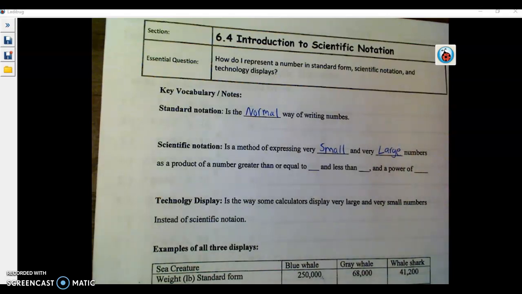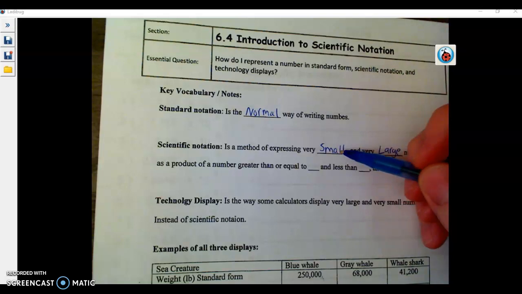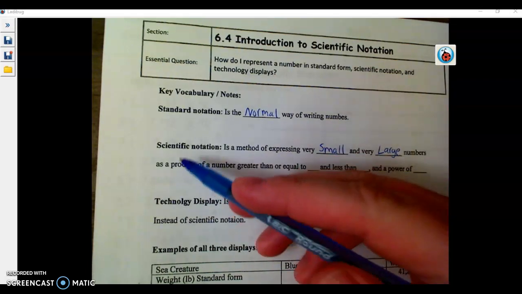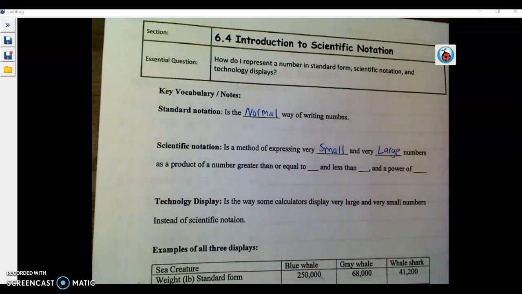For instance, numbers that have lots of zeros at the end. A shorter way of writing that is with what we call scientific notation. Whereas very tiny numbers with lots of zeros after the decimal point, we can use scientific notation to represent that.